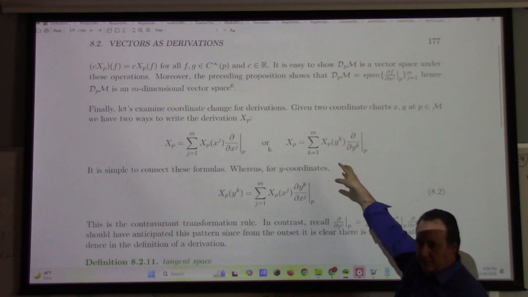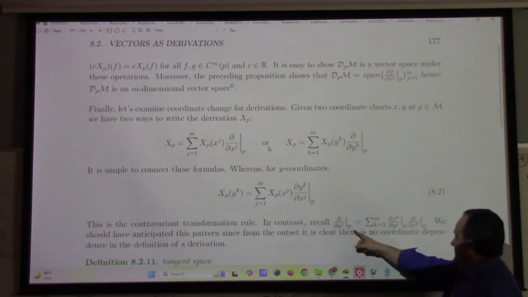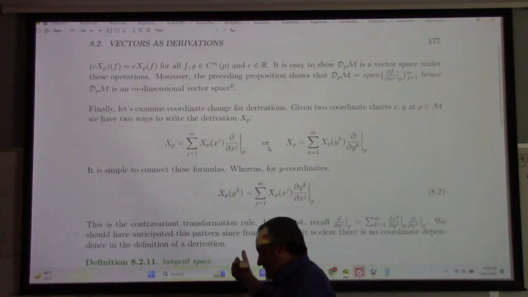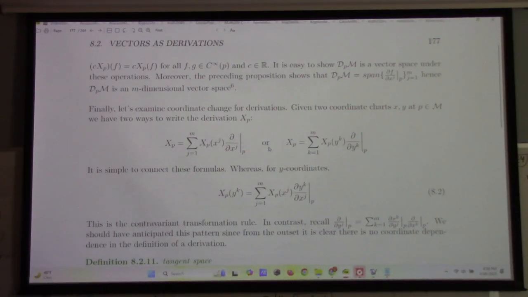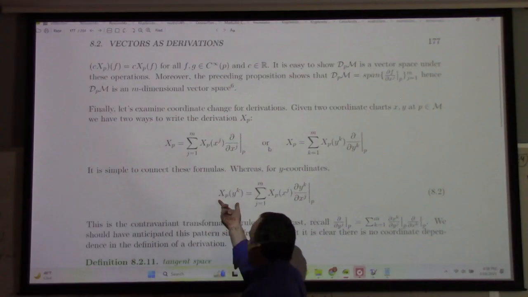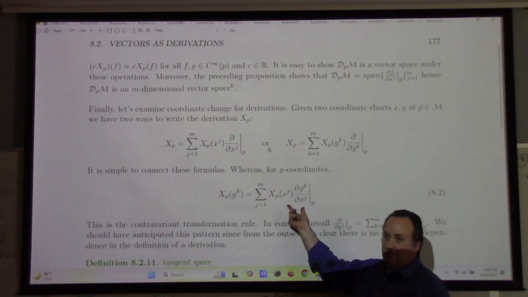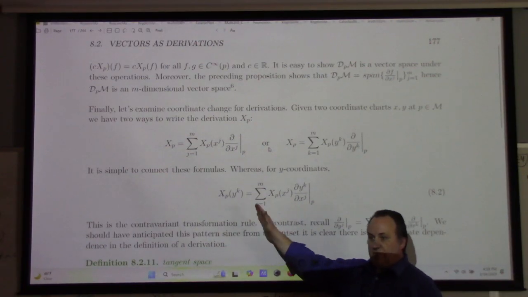So we can plug that earlier result in here, and that shows us how the components of the derivation X_p relate from the x versus the y. That's what equation 8.2 is right here. This is how the y coordinates for the derivation relate to the x coordinates for the derivation.